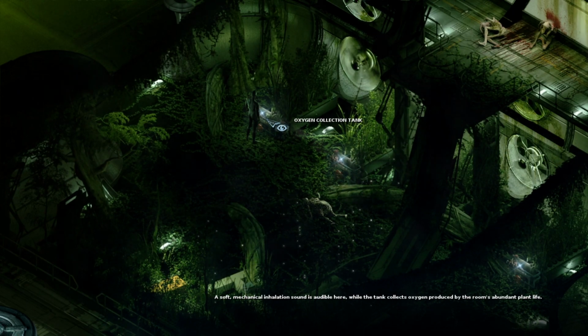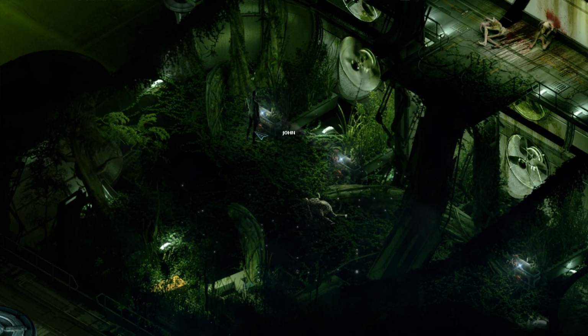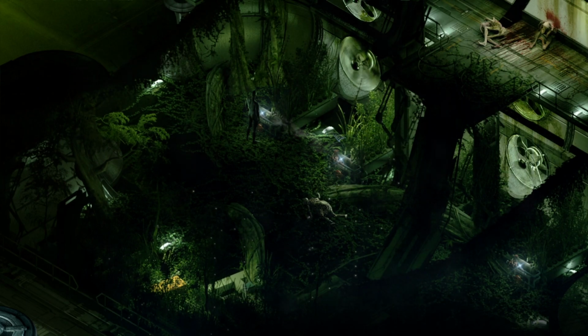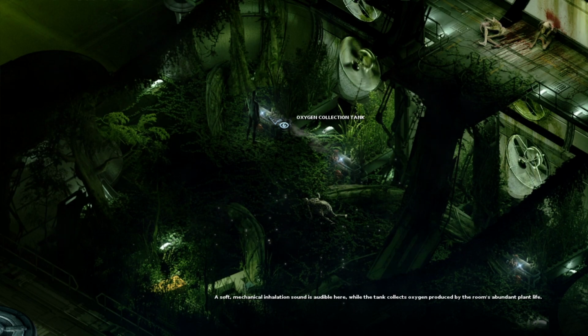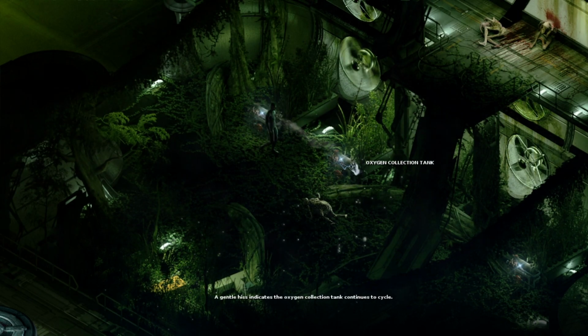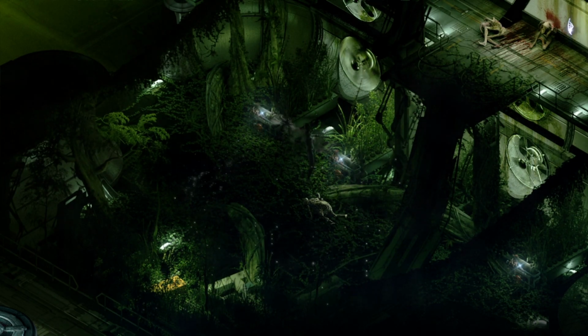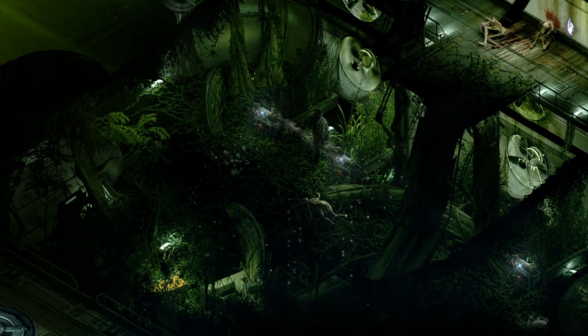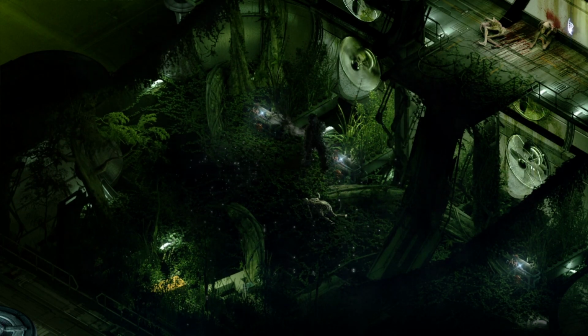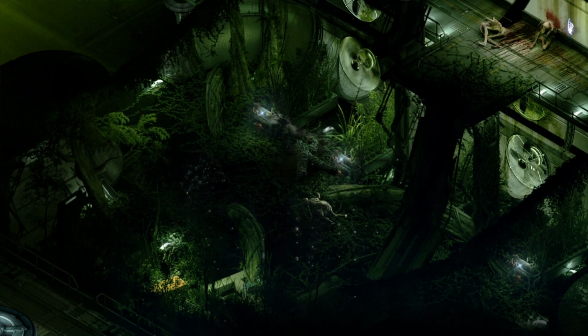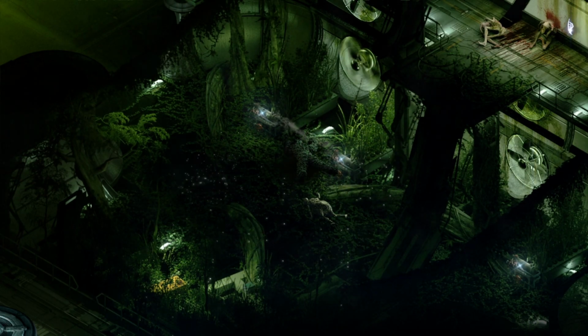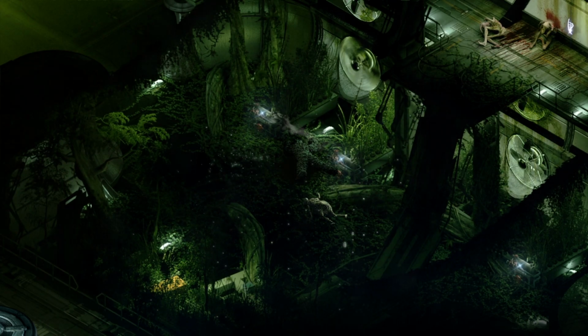Okay. And we don't have the ability to undo that, so I guess it must be a good thing to do. There it is. Okay. So we're allowed to interact with one of the tanks, but we can't really do anything that seems valuable.